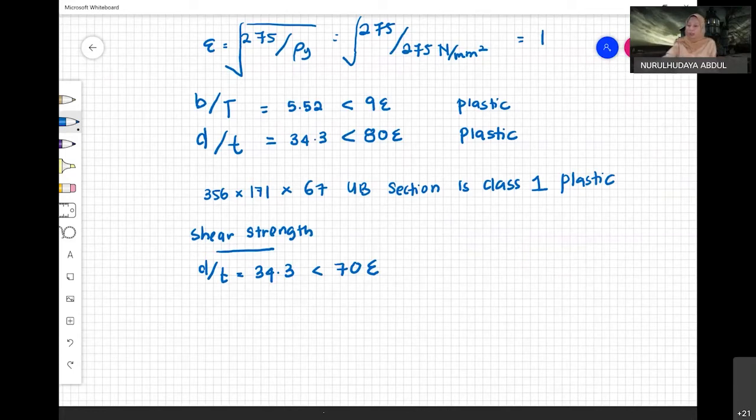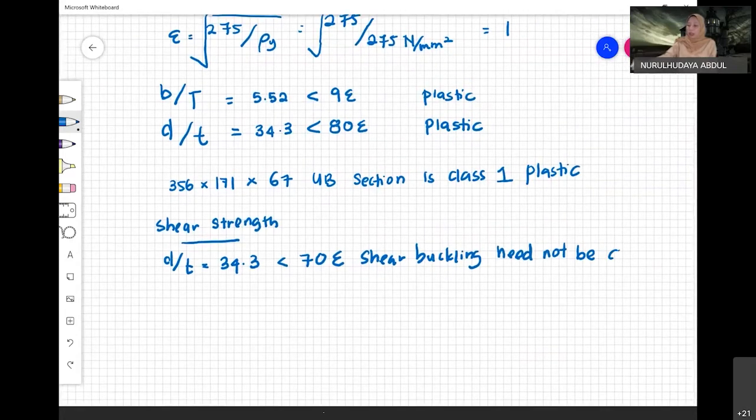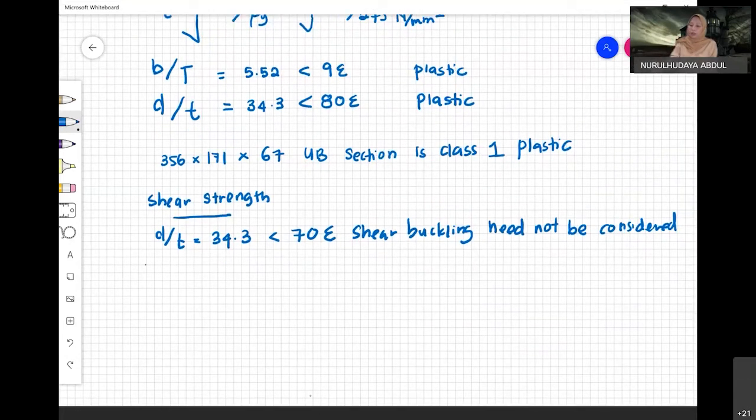Which means that for shear buckling we check for PV. Okay, so PV is shear capacity using the formula 0.6 PY A. AV is fine, A is fine too, the same.